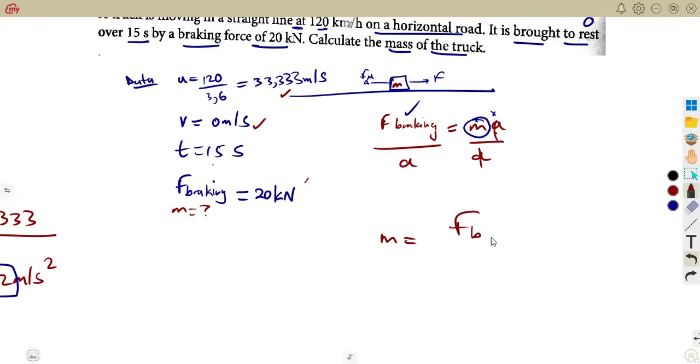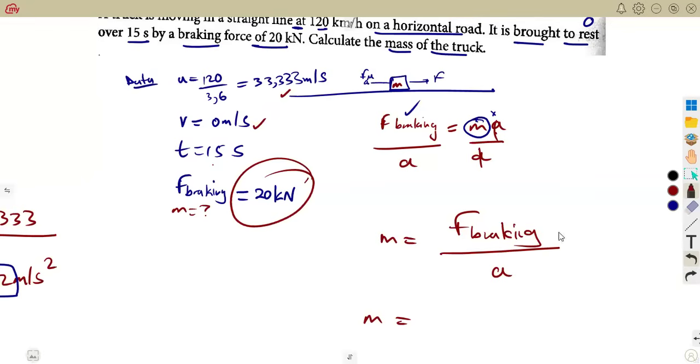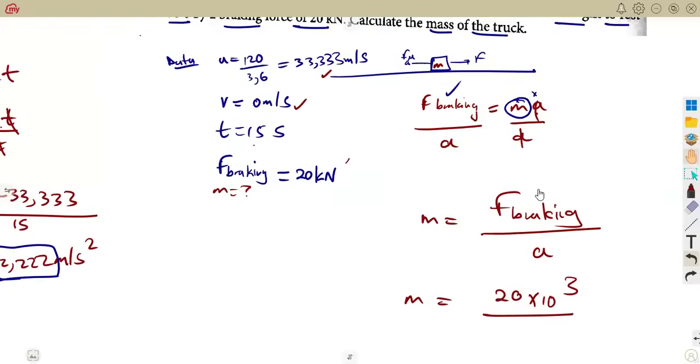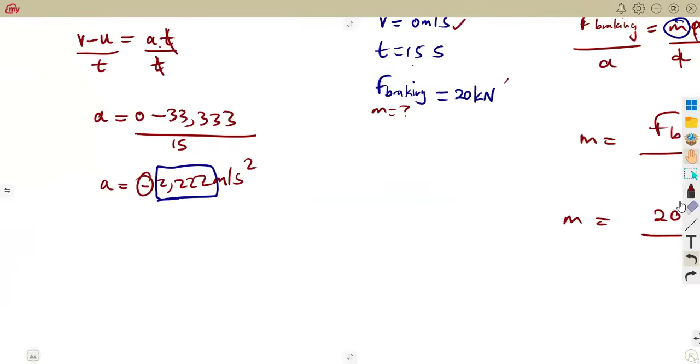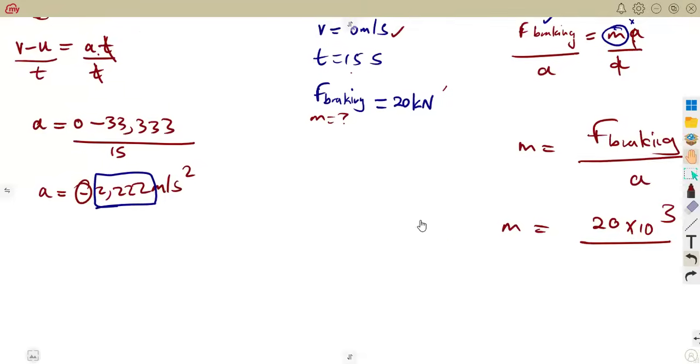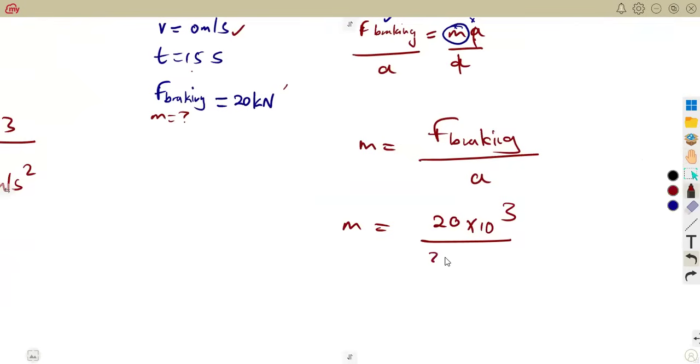The braking force that you are given over the acceleration, which is the deceleration. What is our braking force? We're given 20 kilonewton, 20 times 10 to the exponent of 3, over A. We're going to take that as a positive, right? We need the magnitude of it, which is 2,222.